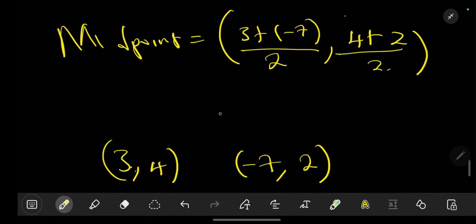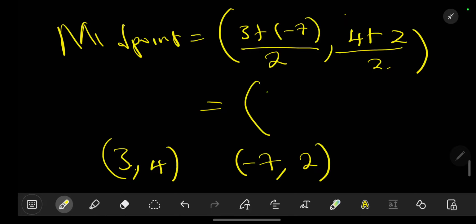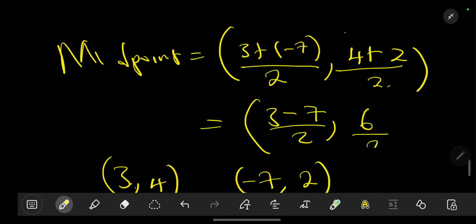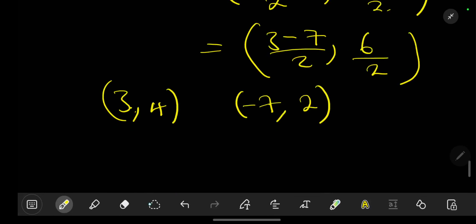So that is the midpoint. So the midpoint will be 3 plus negative 7 over 2, comma, 4 plus 2 is equal to 6, divided by 2.